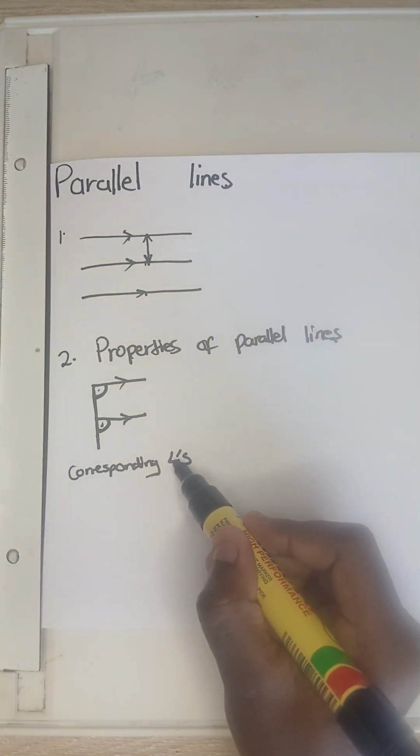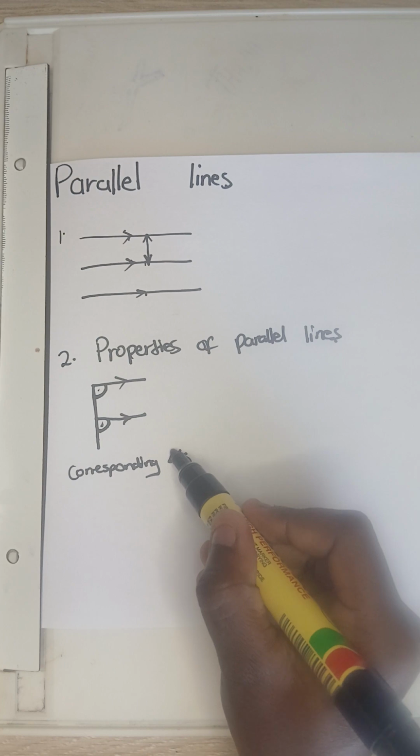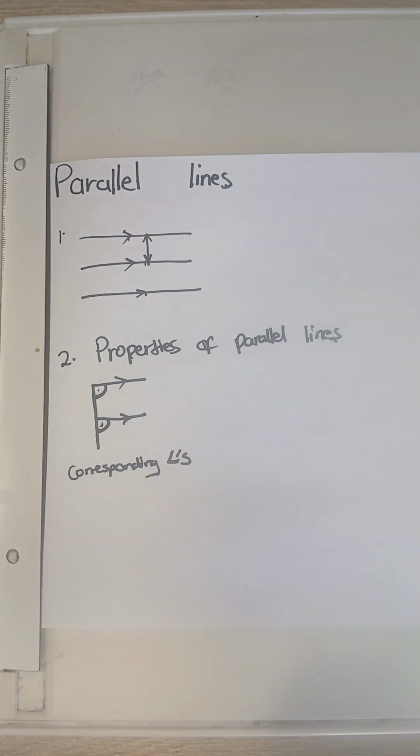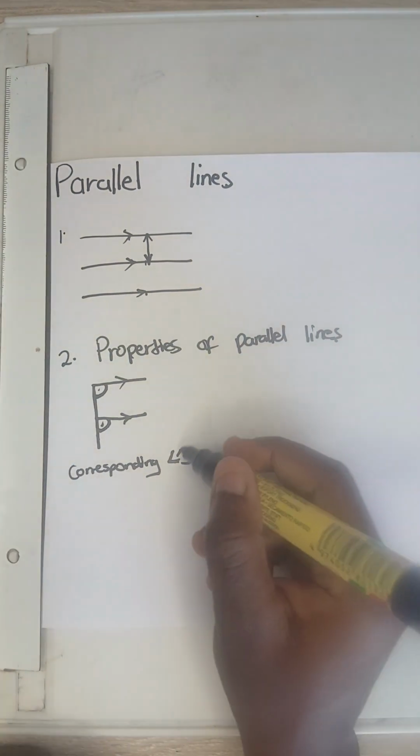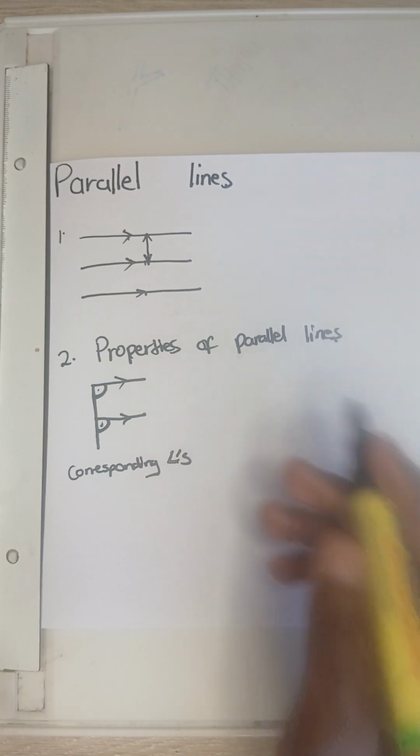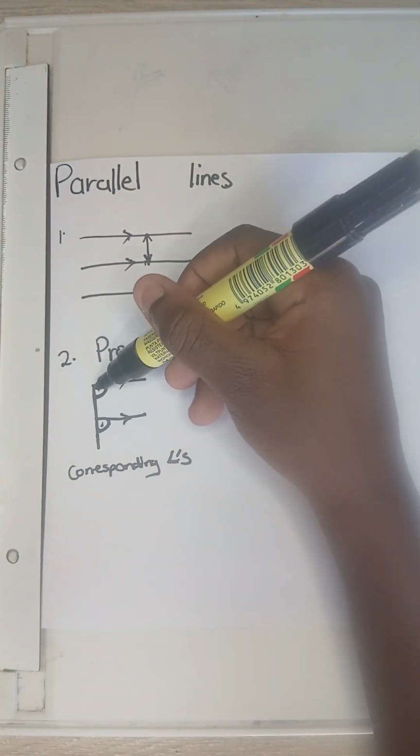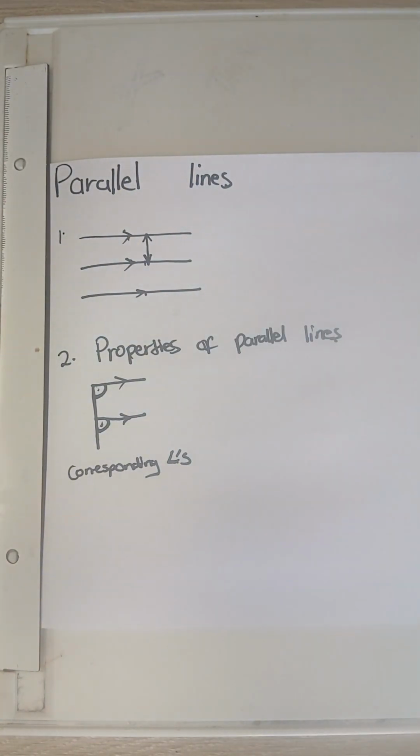This mark represents an angle, and when you make this S, it means there are two angles. Corresponding angles are always equal. So how do we know that they are corresponding? By the F shape.